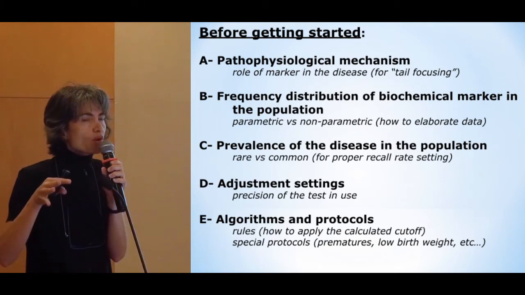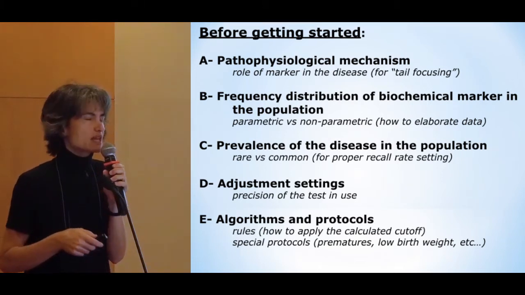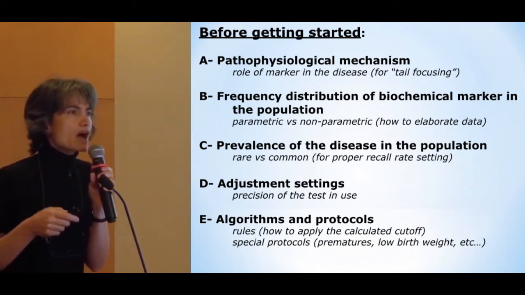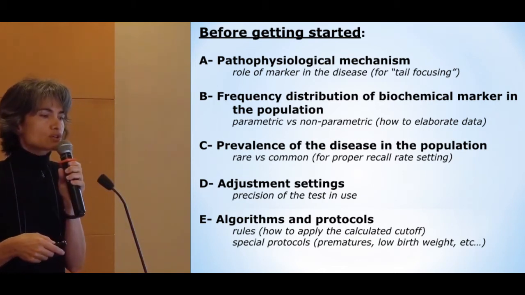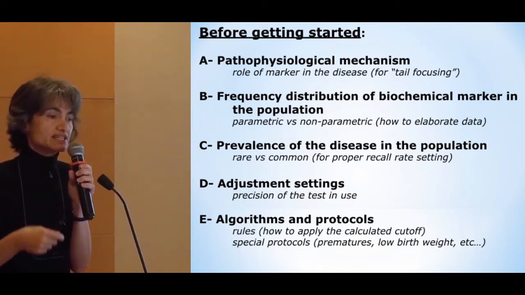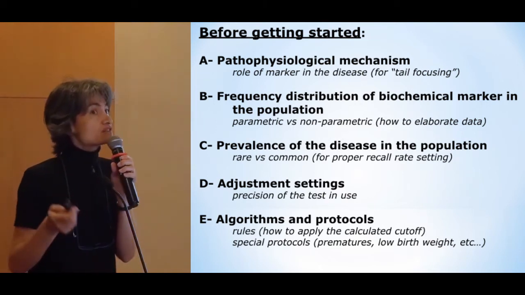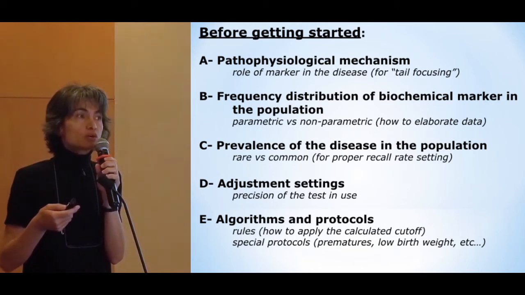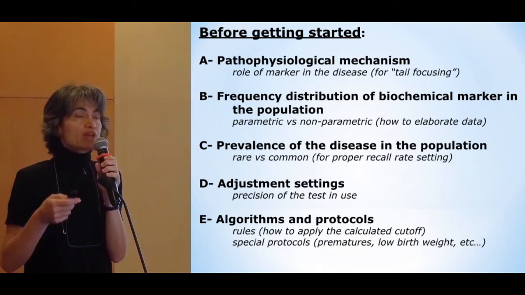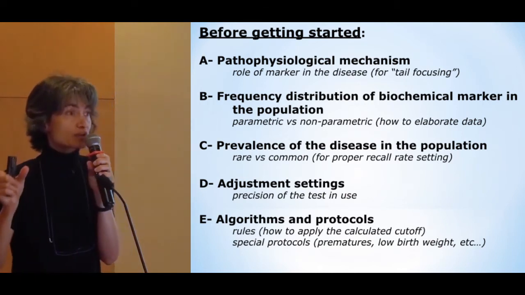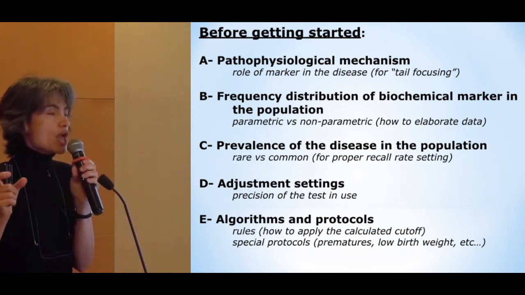There are some points to ponder. First of all, we have to be well aware of the pathophysiological role of the biochemical markers in the disease. And I give you a straightforward example. The TSH will be a hallmark for hypothyroidism in the higher range, okay?